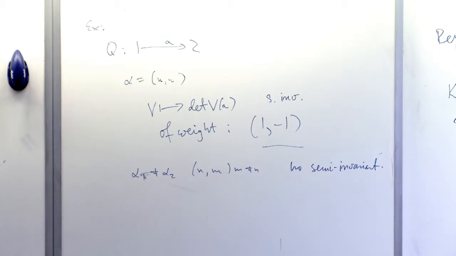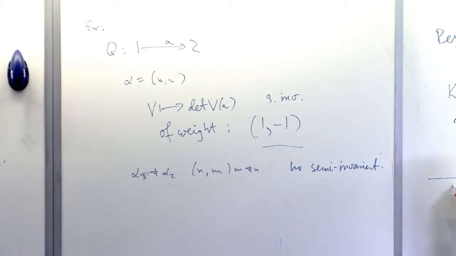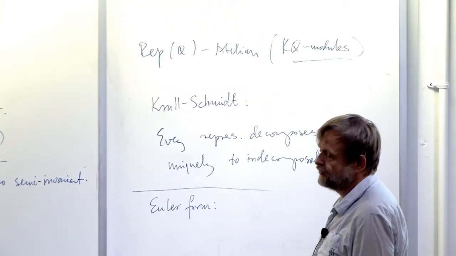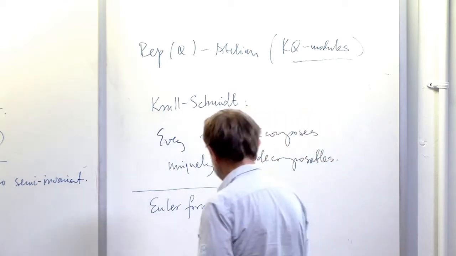But before I do that, let me introduce an object related to the quiver, the so-called Euler form. This is just a non-symmetric bilinear form that encodes the quiver for you. You could say that the quiver is the same thing as this.